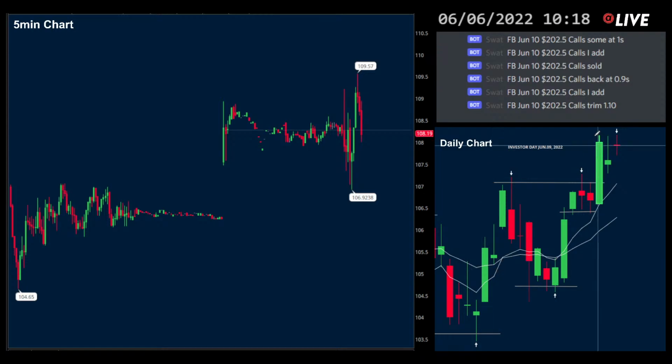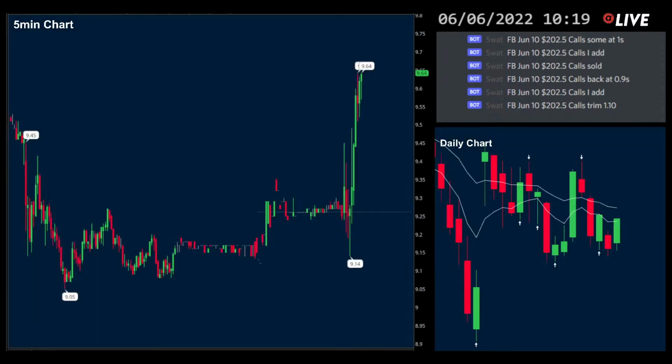That's a big level on AMD. But once again, as I've been saying, it's hard to short. Wood pushing.